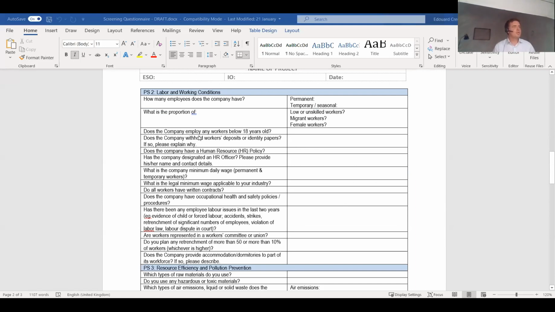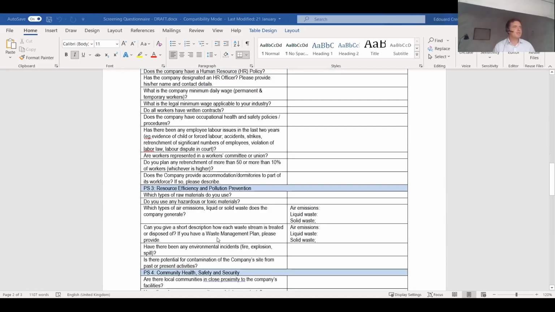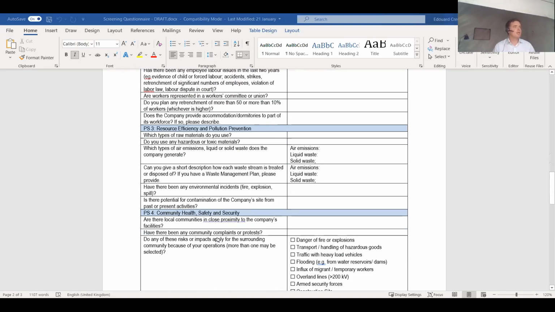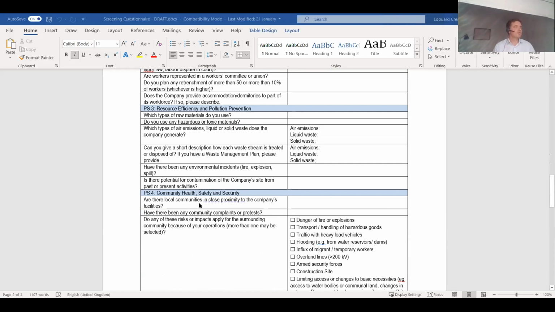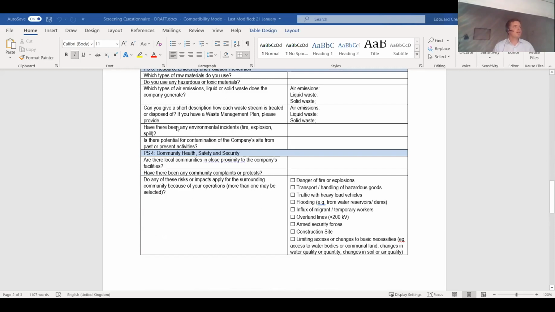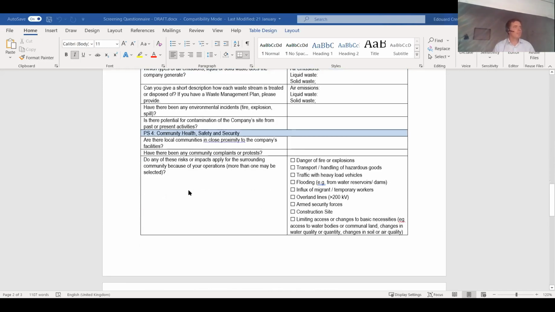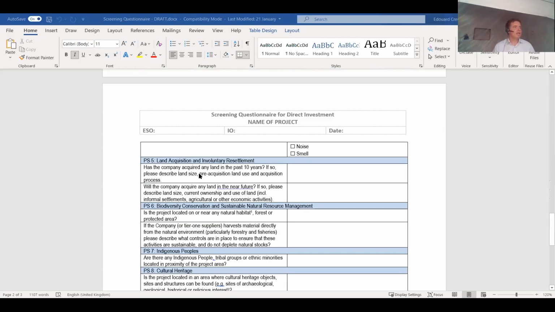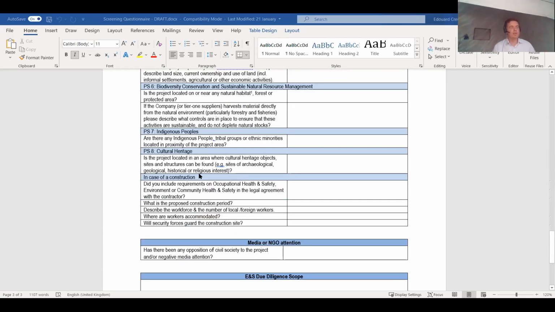Questions on labor conditions like minimum age of work, minimum salary, working hours, are there workers' representatives, unions, and so forth? Pollution as well, question on what are the main waste streams and how they manage these. Have they had any environmental incidents in the past, like oil spills or so? Community safety risk as well, land, biodiversity, indigenous people, etc., etc.